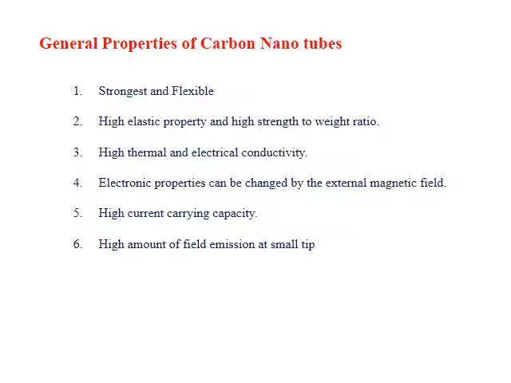These materials are used as a conducting medium when we produce miniaturized electronic circuits or chips. Their electronic properties can be changed by an external magnetic field, and they have very high current carrying capacity and a high amount of field emission at small tips. These are the general properties of carbon nanotubes.